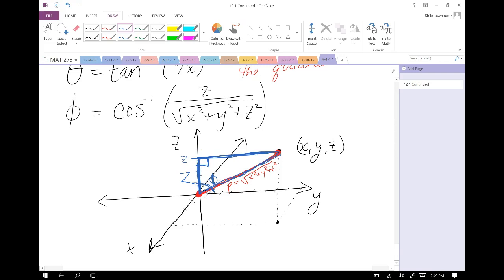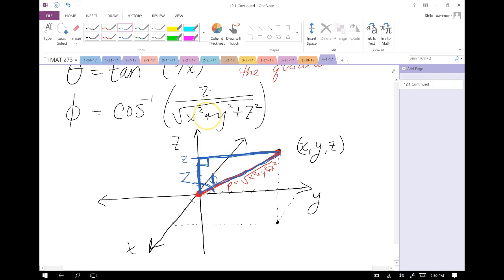And what trig function uses adjacent and hypotenuse? Cosine. So to calculate phi, cosine of phi is adjacent over hypotenuse. So that's where this phi formula comes from. Phi is cosine inverse of z over rho. Rho is the hypotenuse there.